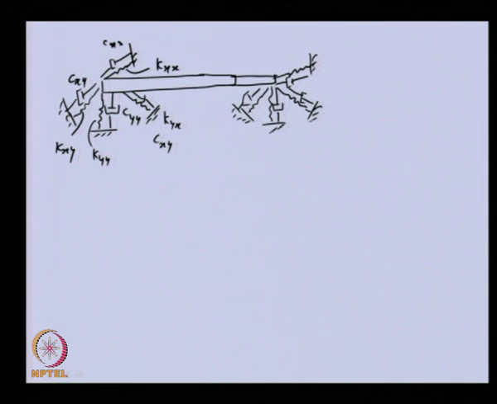So, in this particular case, because now I am using the x, y, z coordinate system, this is the z axis direction and we have y and x in this direction. These stiffness and damping terms give the fluid film forces in the x and y direction.